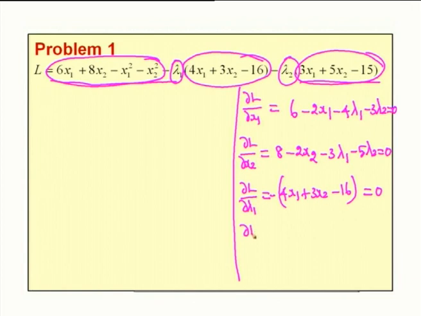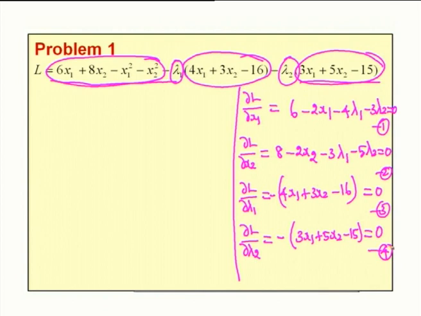The final necessary condition is dou L by dou lambda 2 equal to 0. For this problem, it gives minus of 3x1 plus 5x2 minus 15 equal to 0. So, we name these as equations 1, 2, 3 and 4.